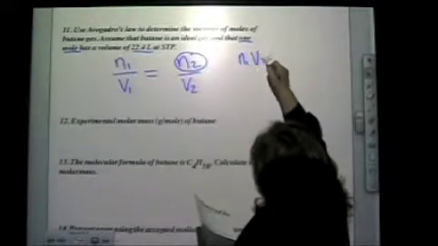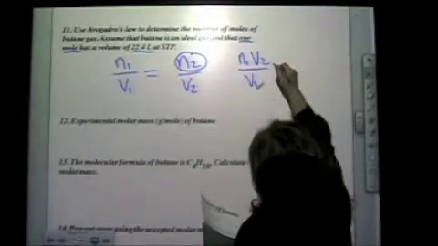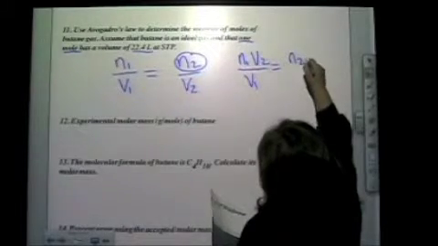N and V. Okay, so I'm going to be looking at this relationship, N1/V1 equals N2/V2, because my N is going to be my unknown. So, rearranging here, we have N1 times V2 over V1 is going to equal N2.